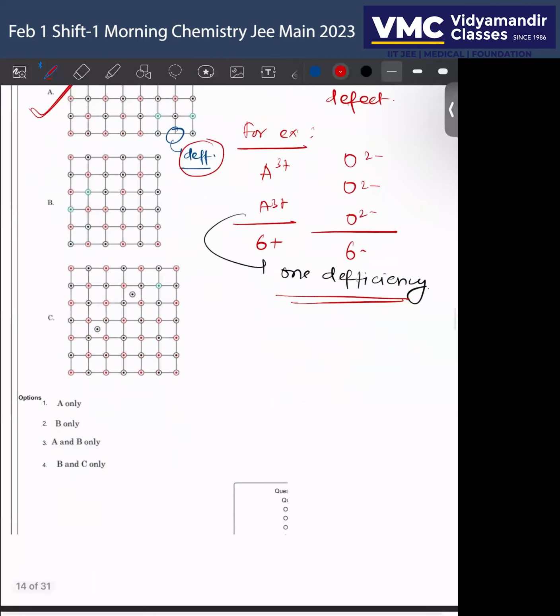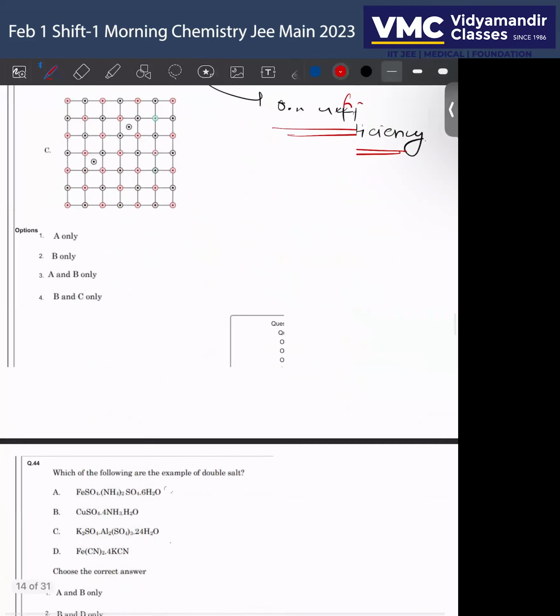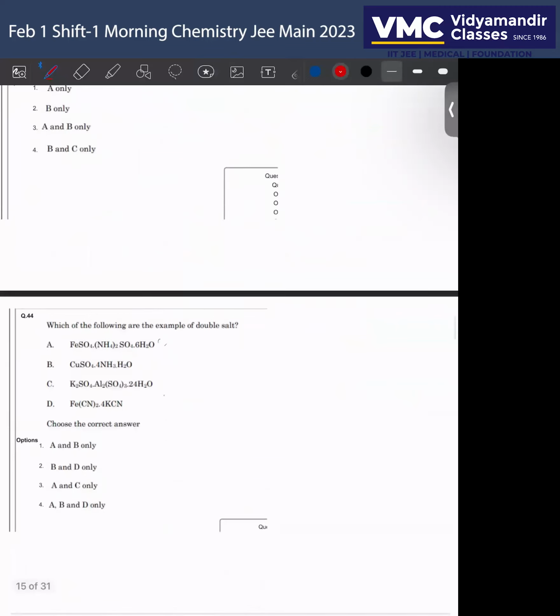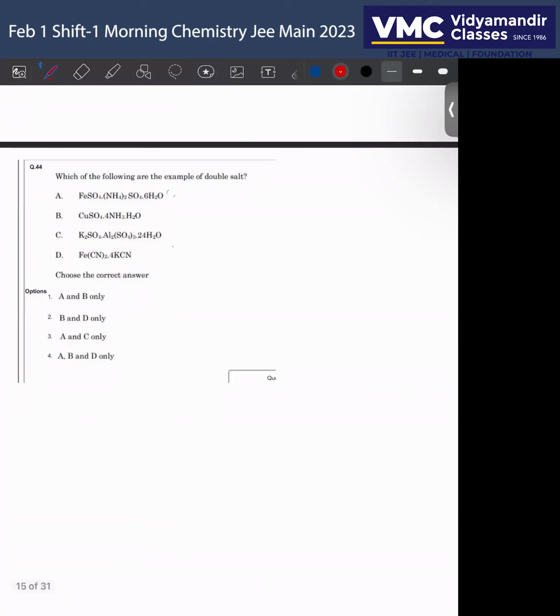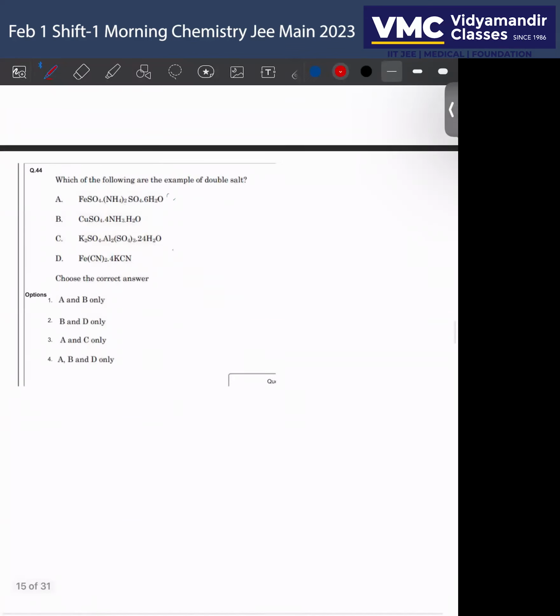Moving on to the next question. You are asked for the example of a double salt. See, double salts are the salts which ionize completely in the solution. We see that the first salt is Mohr salt. It is a double salt. And the second one is not, it is a coordination complex.